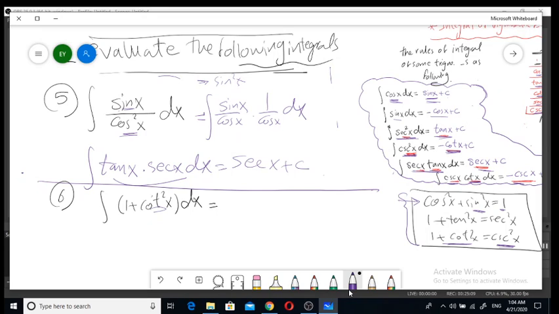So easily we can find this integral by simplifying the expression. So we have the integral of cosec squared x dx, and the integral of cosec squared x will give us negative cotan x plus c.